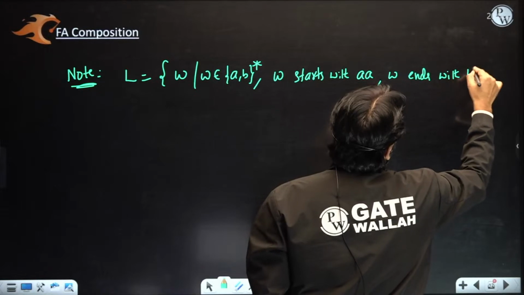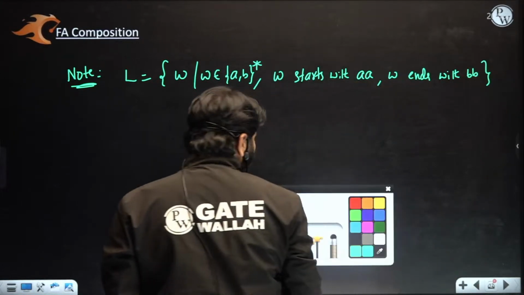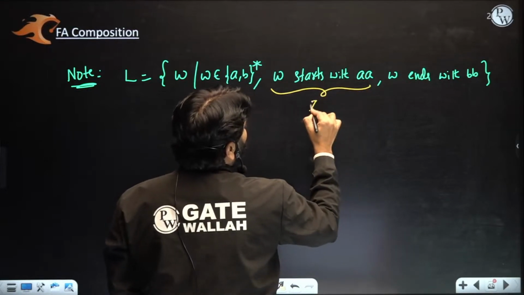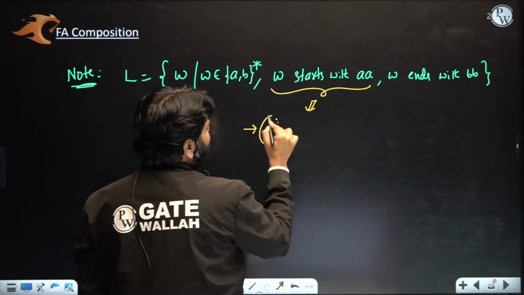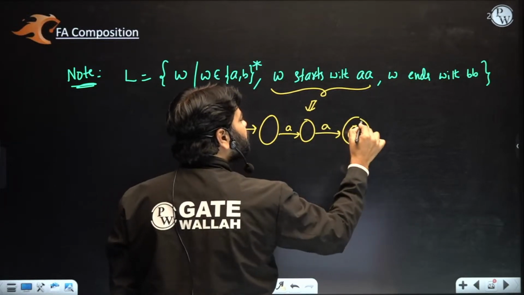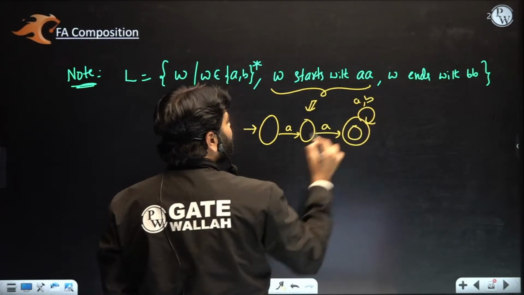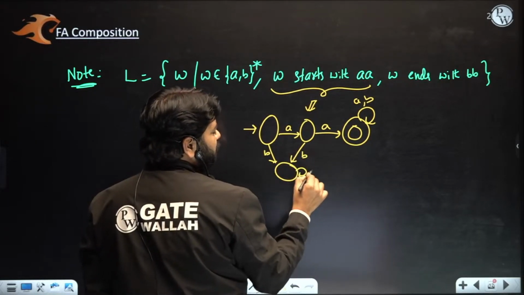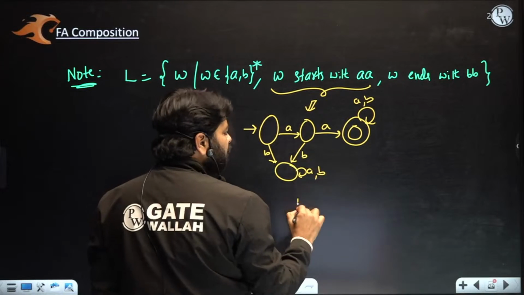Do not use this concept here. If you design it individually, W starts with AA, you will have a machine like this. Starts with AA, anything is fine after that, and B goes to a dead state because you need to start with AA. How many states will this require? 4 states.